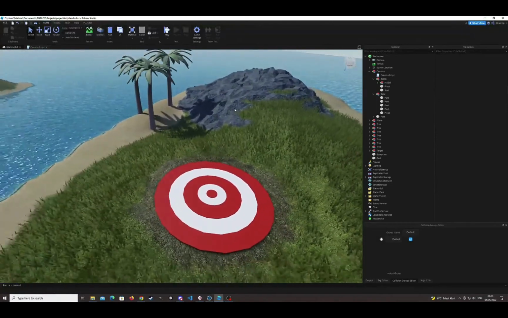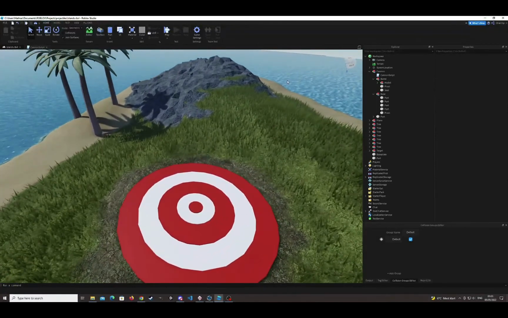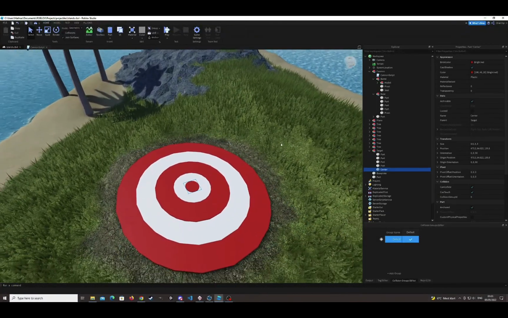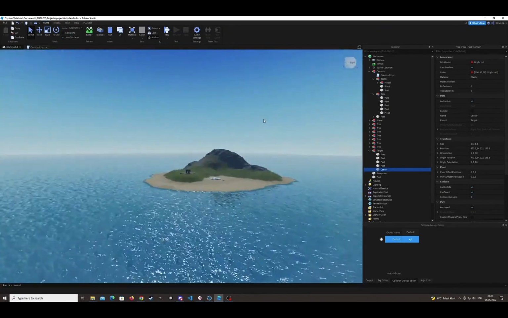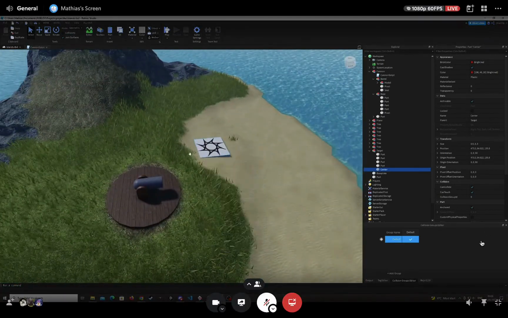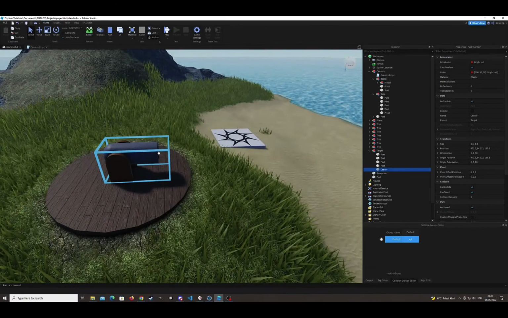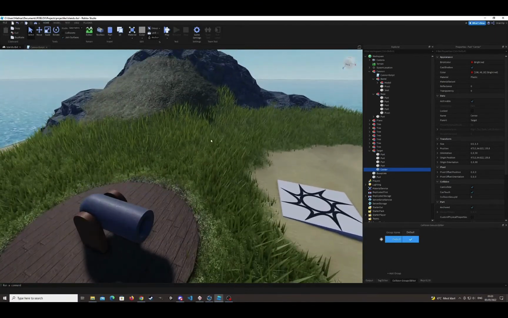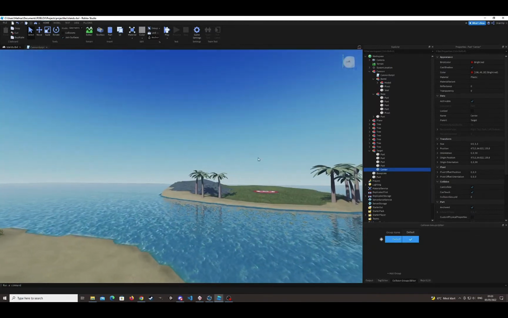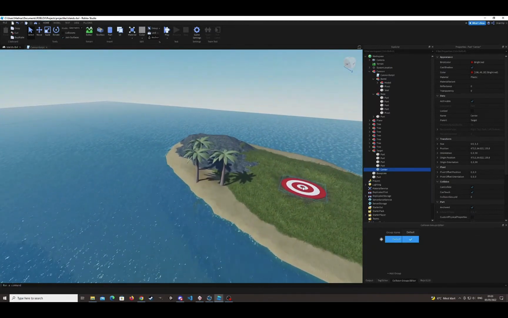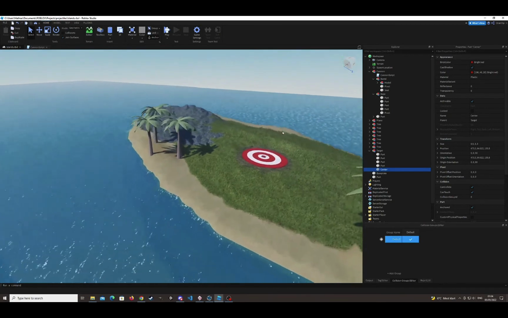So, I have a target over here. And so the goal is, I think we're going to have a proximity prompt where you can interact with the cannon. If you do, then the cannon's going to align to hit this target over here.